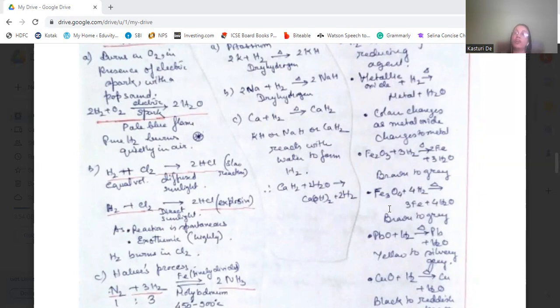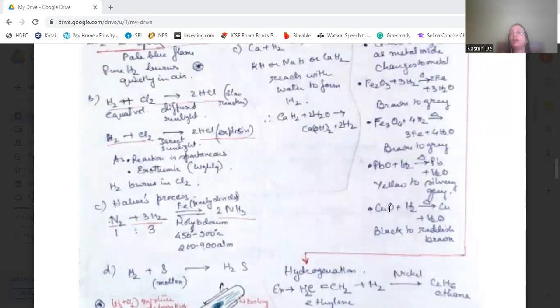Fe3O4 is also brown in color, and that color changes to gray after it is reduced to iron by hydrogen. Then the yellow lead monoxide will be reduced by hydrogen to silvery gray lead metal, and water will be produced. Then black copper oxide will also be reduced by hydrogen to reddish brown copper, and water will be given out.